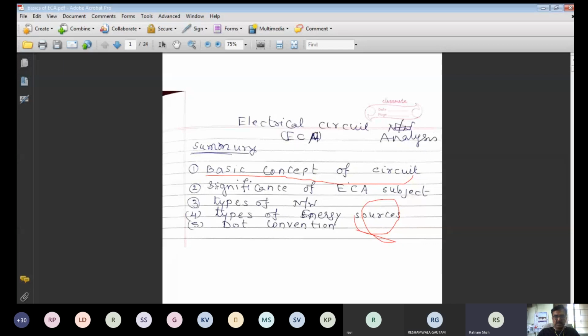Then second is the significance of the subject. What is the importance of the subject? Now, what are the types of networks that we have to study? Different types of networks. Then different types of energy sources that we have to study. And last, very important, the dot conventions, that we'll discuss either in this lecture or the next lecture.